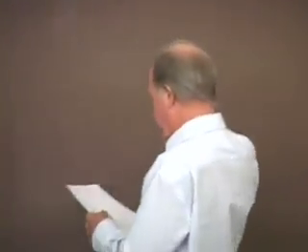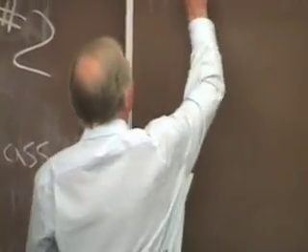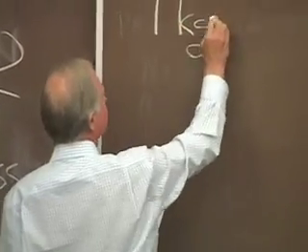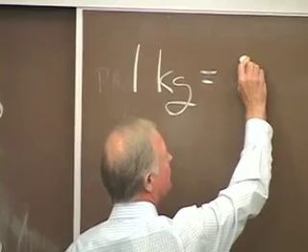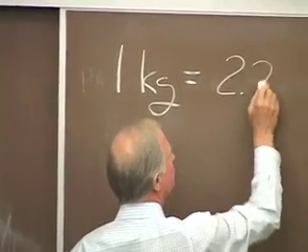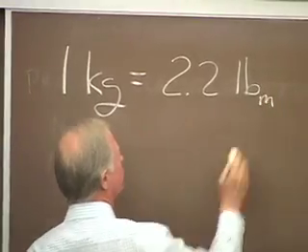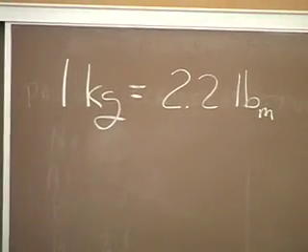All right, so let's just answer the question of the relationship between pound force and newtons. So 1 kilogram is equal to how many pound mass? Do you know? 2.2 pound mass. And so it's always helpful to put the pound mass there.